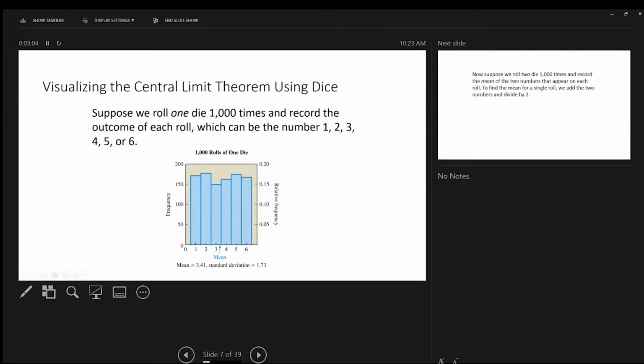We have somewhere in this 150 to 200 range of how many times we threw that die, and we get our respective frequency, like the proportion of times we got each of those numbers. And we find that the mean is right around the center, 3.41, with a standard deviation of 1.73.